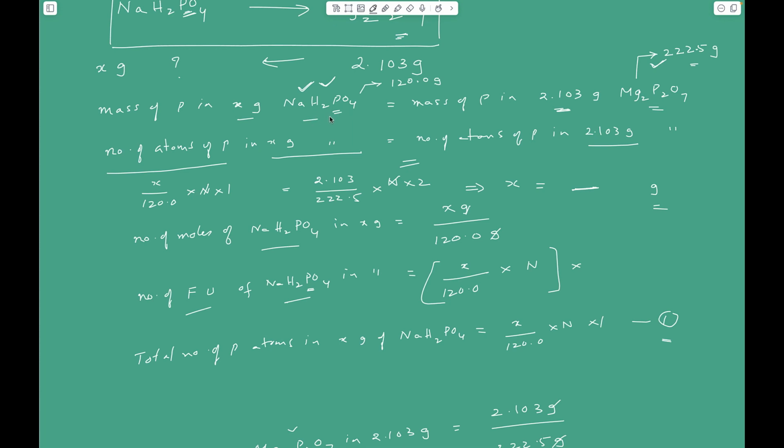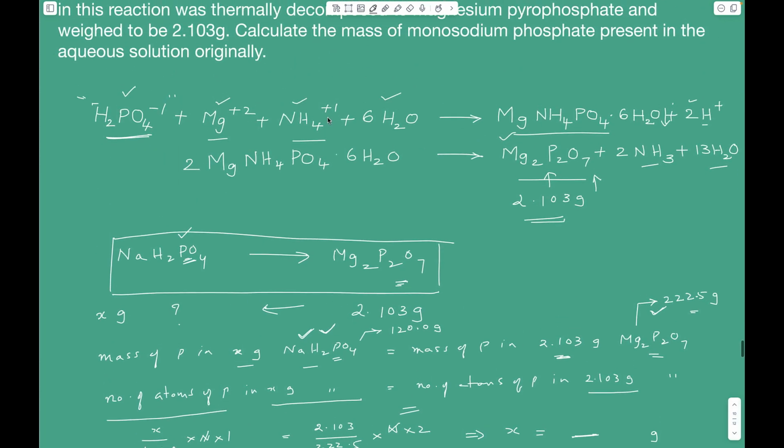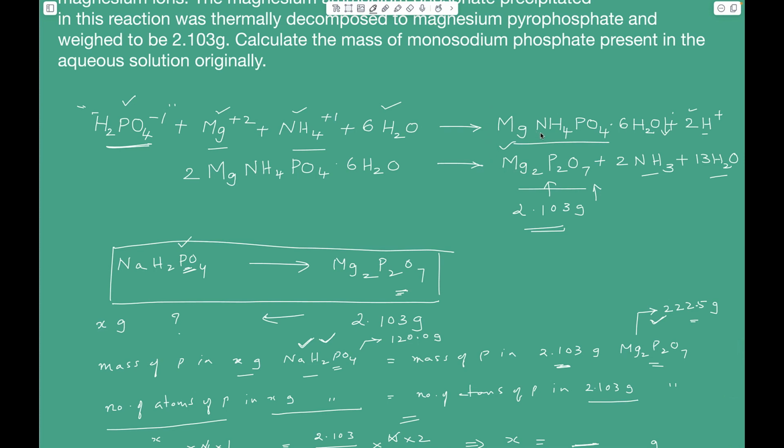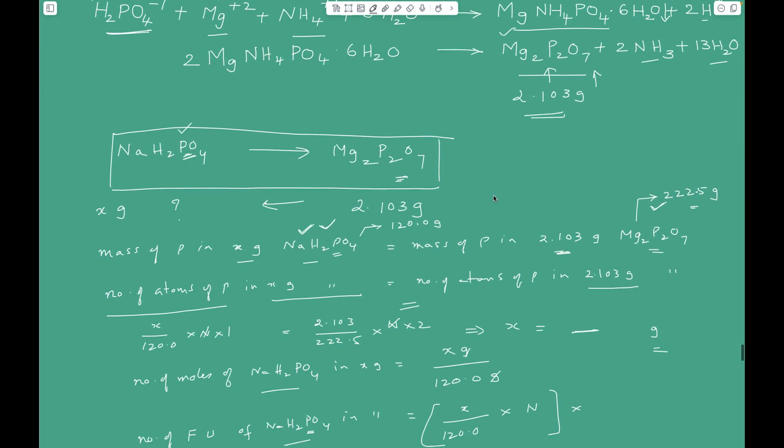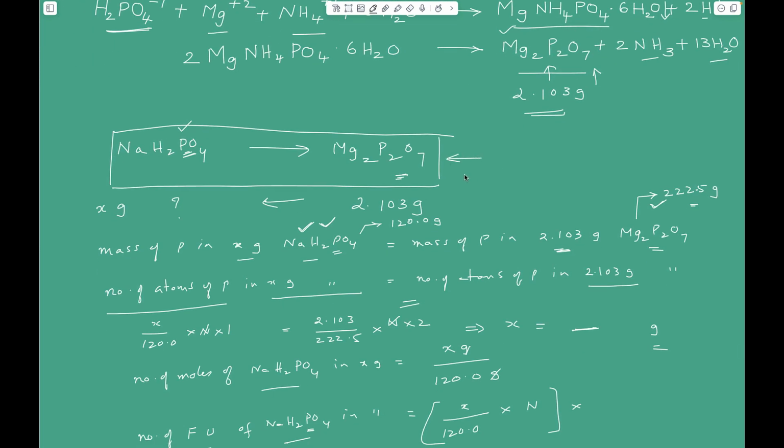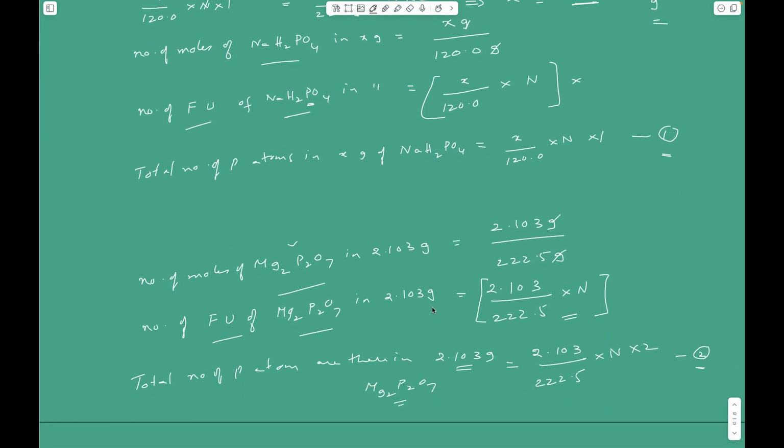So again, we solved this problem without using these balanced equations. We considered only that part of the reaction that we are interested in, and we did not even balance this, but we simply applied the law of conservation of mass, and from that we applied the principle of atom conservation to solve this problem.